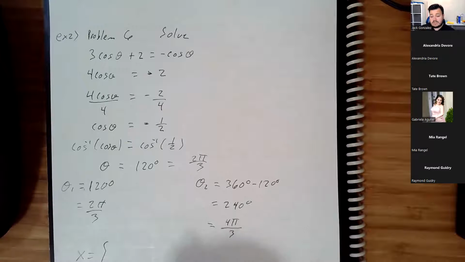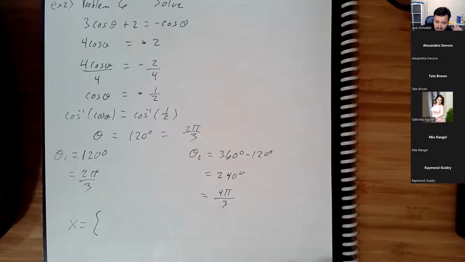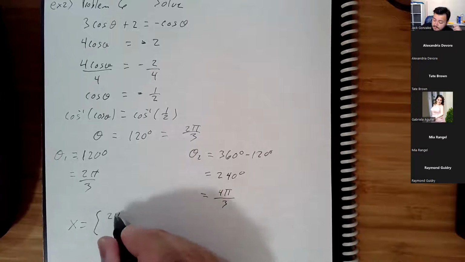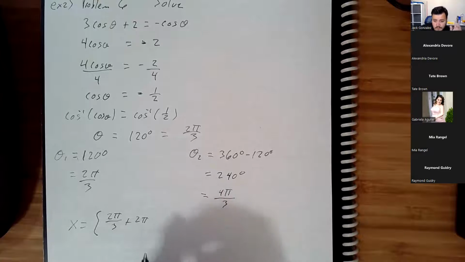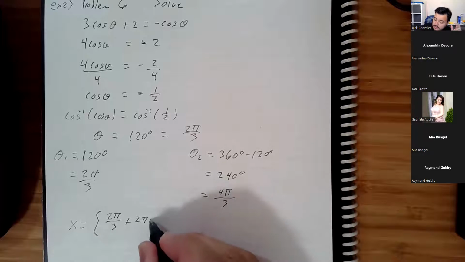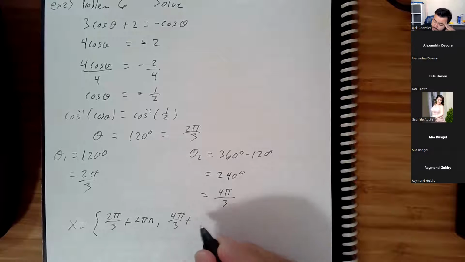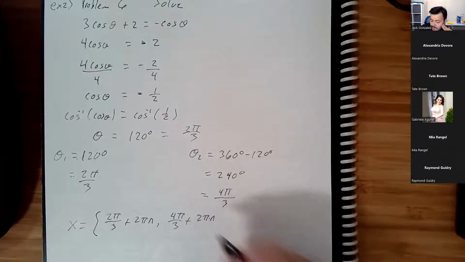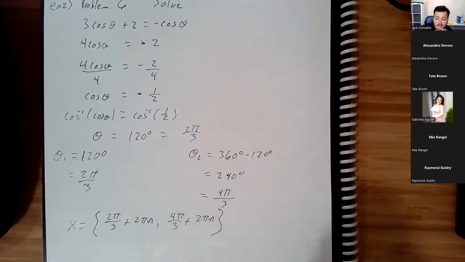You can write the solution as a set, and that's what they do. This is how you have to plug it in or type it in. Put your first piece plus 2 pi. So that's our 360, right? 2 pi n, comma, 4 pi thirds plus 360, right? Times n. So there is my solution to this equation.